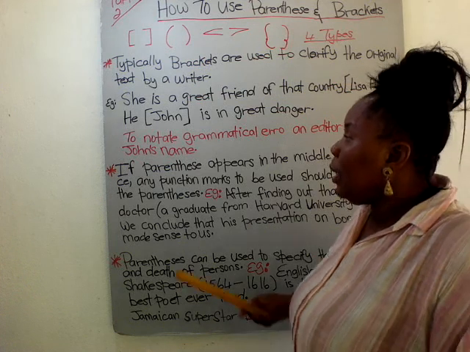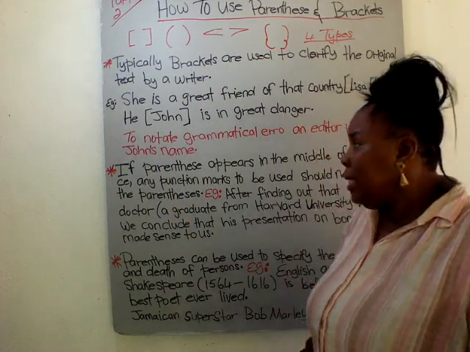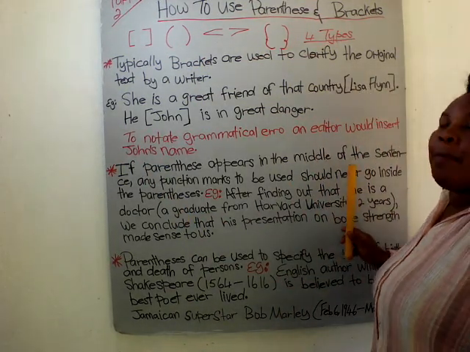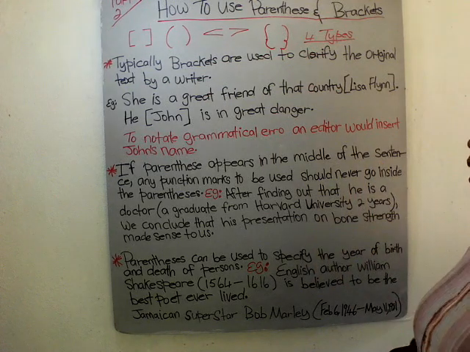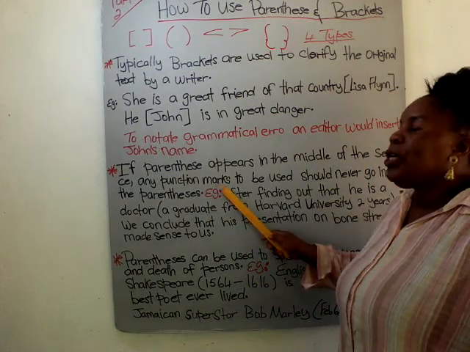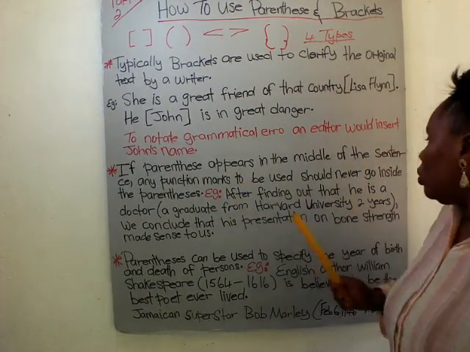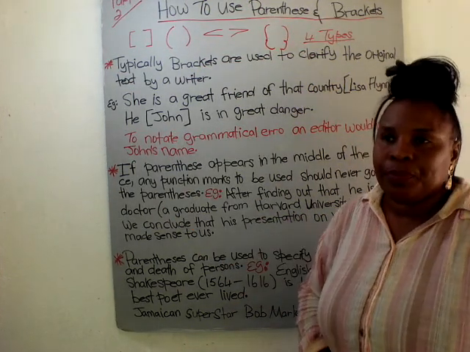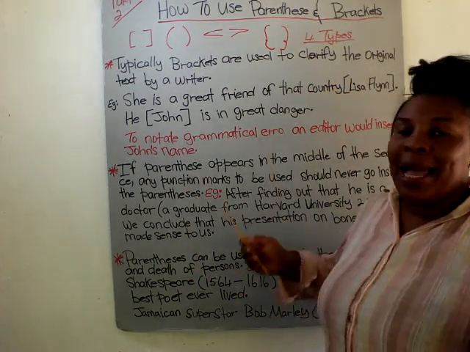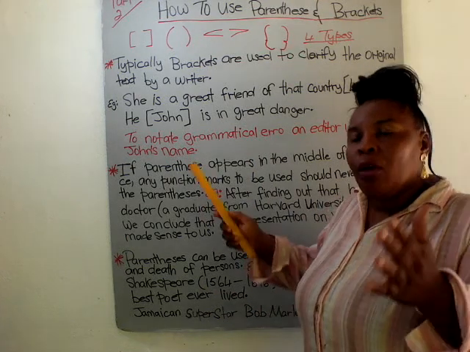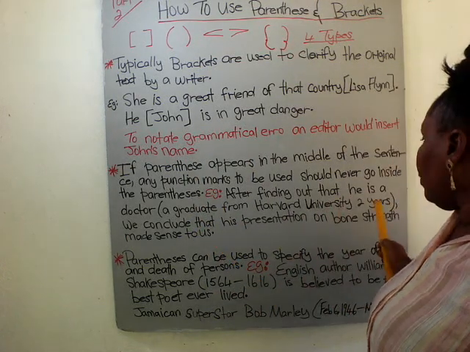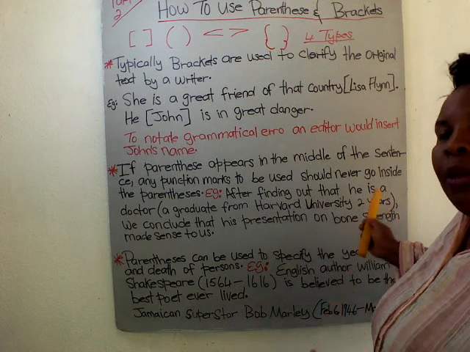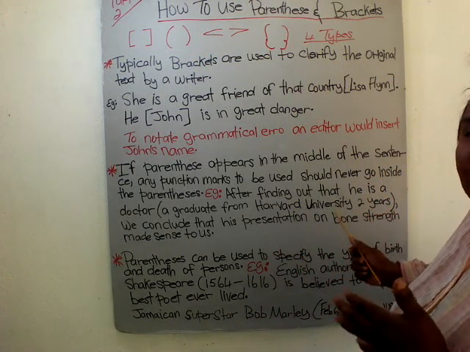Alright? If parentheses appear in the middle of the sentence, any punctuation marks to be used should never be inside the parentheses. Alright? So if you're writing and in the middle of the sentence, you have a parenthesis there.